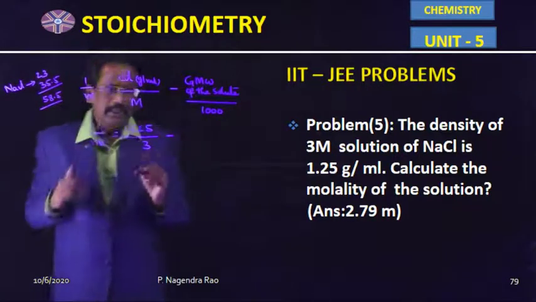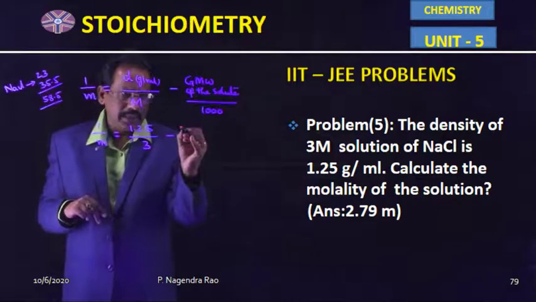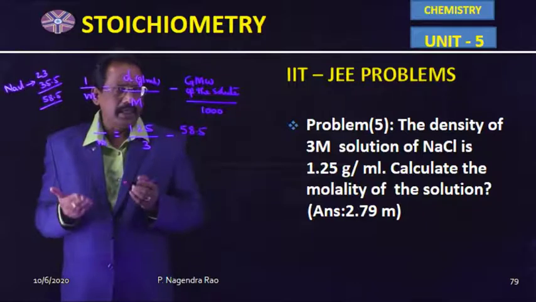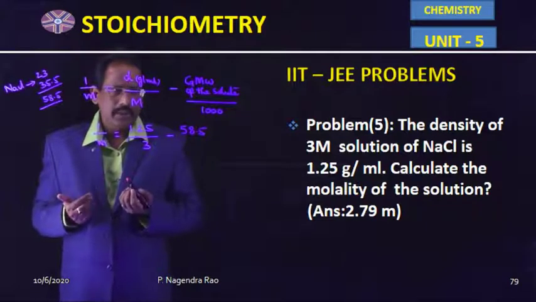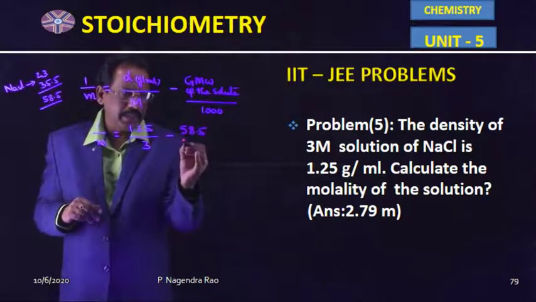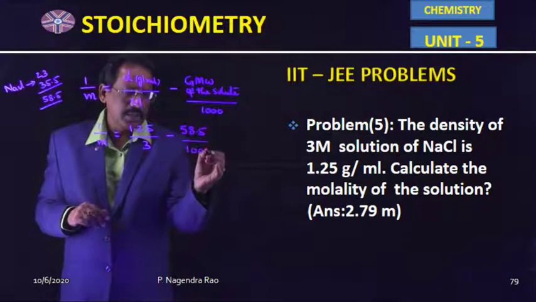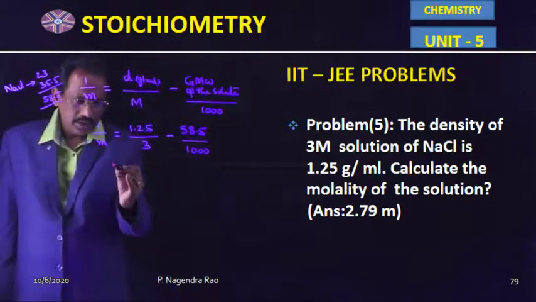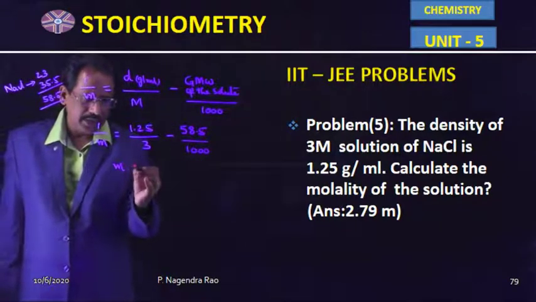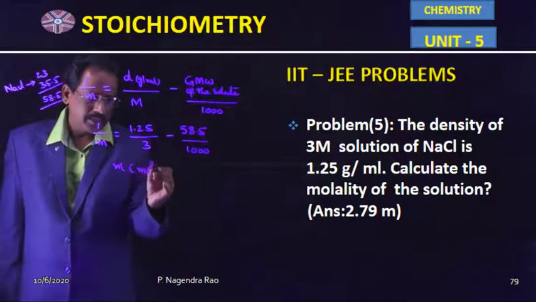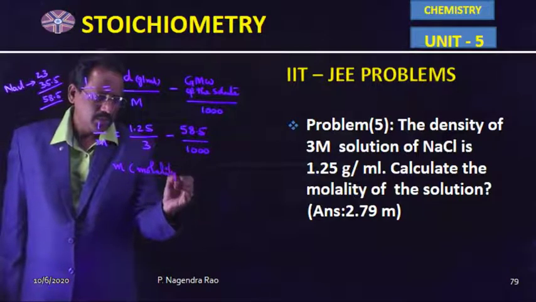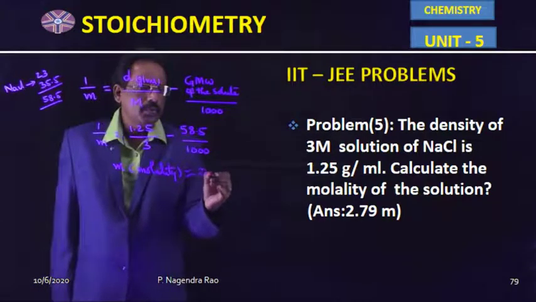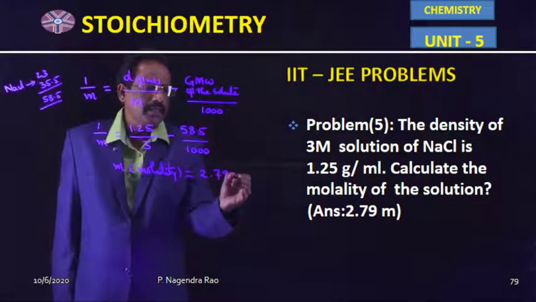So the gram formula weight of the solute is 58.5 divided by 1000. From this calculation, the molality of the sodium chloride solution is equal to 2.79 small m.